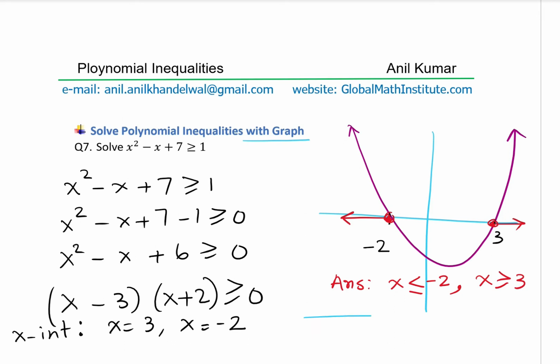On a number line also, you could represent your solution. So if I have a 0 here, for example, then on a number line, less than equal to minus 2 will be here with a solid circle filled in, and greater than equal to 3 with a solid circle as shown here. So that is how you would actually show your answer. Sometimes you need to shade the portion, correct?